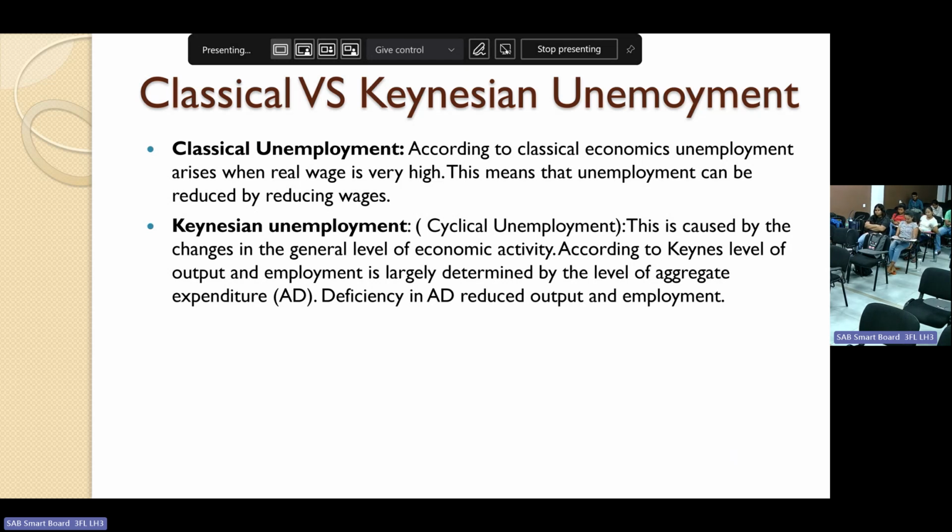Classical means market forces, market mechanisms, for example, Say's law and the laws of supply and demand. So classical economists believe that a wage rate fixed above the market rate creates unemployment.